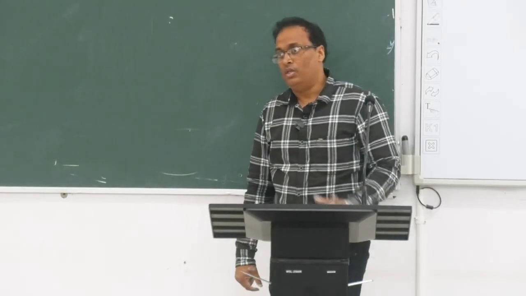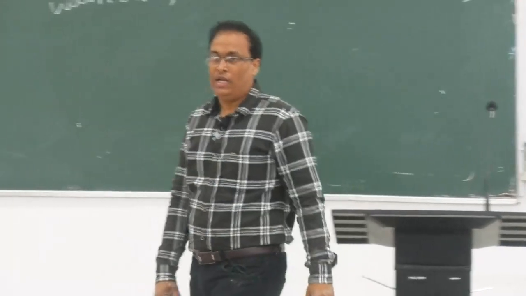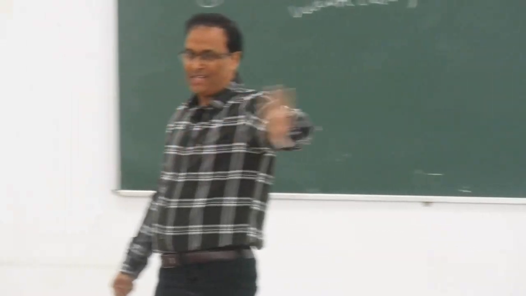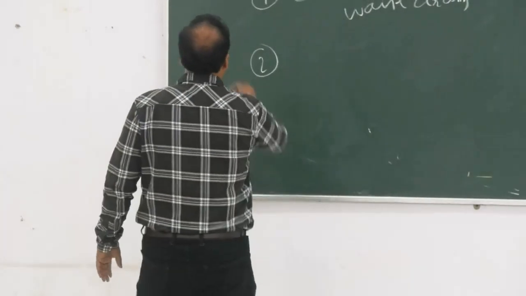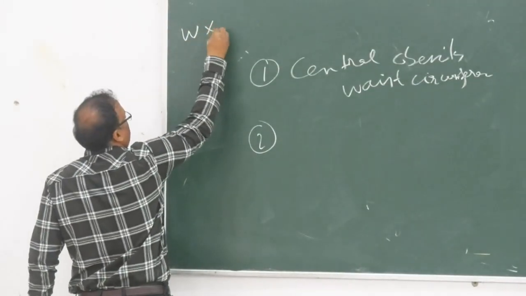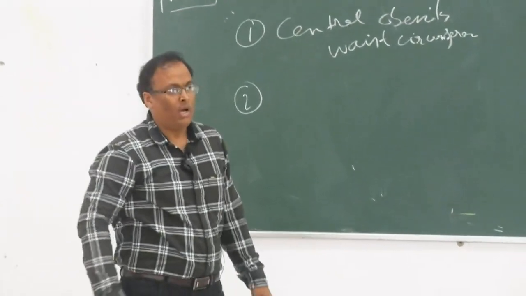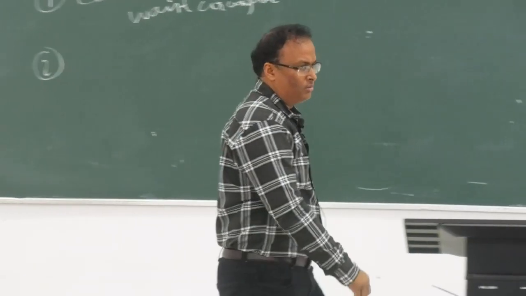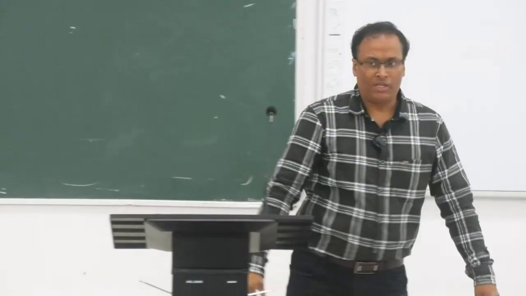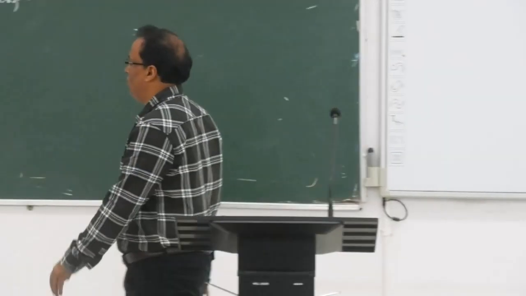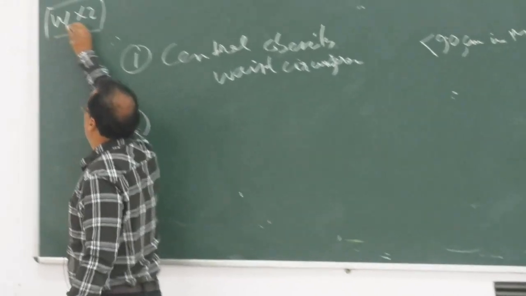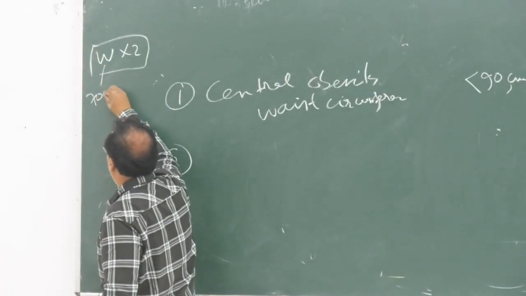Now this waist circumference multiplied by 2 gives a value. Suppose mine is 70, then 70 into 2 is what? Suppose 70 centimeters.